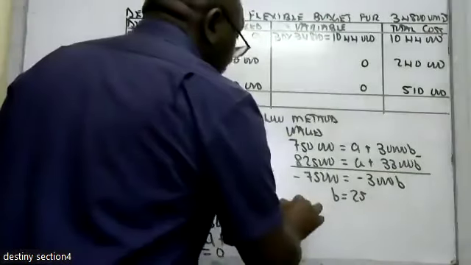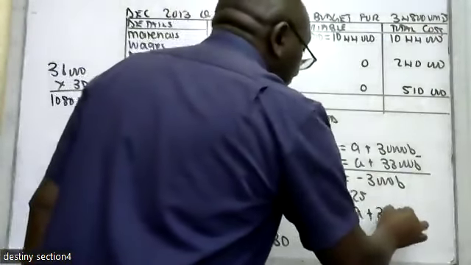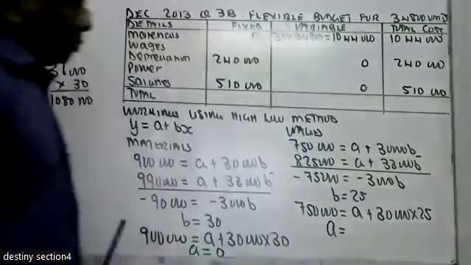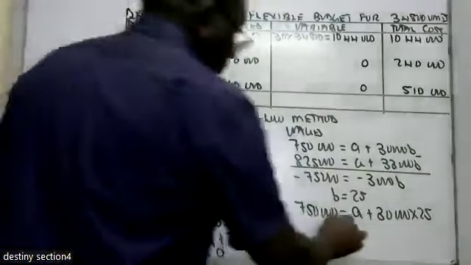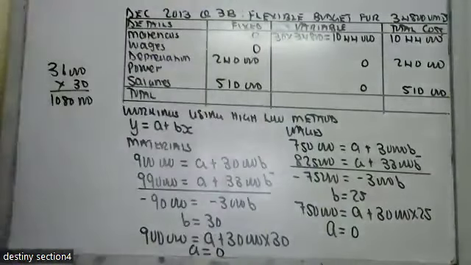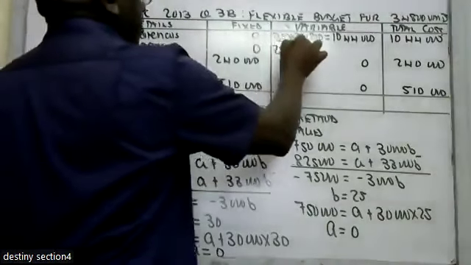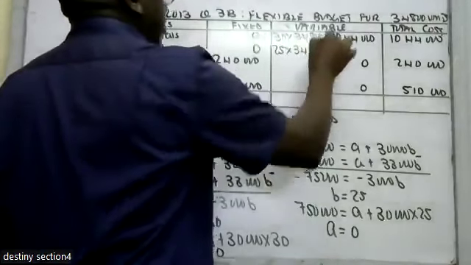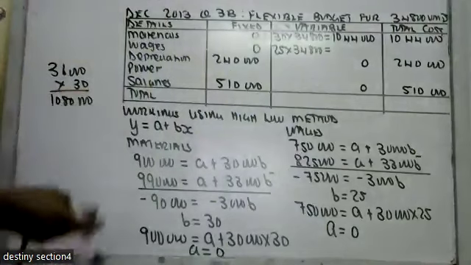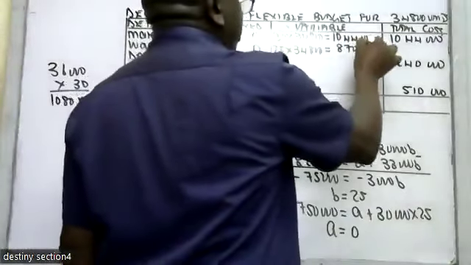Haya, sasa kuja useme 750,000 equals to a plus 30,000 times 25. Check whether it's going also to 0. Yeah. Sasa hiyo 25 ndio utatumia hapa kumultiply na 34,800. 870,000.